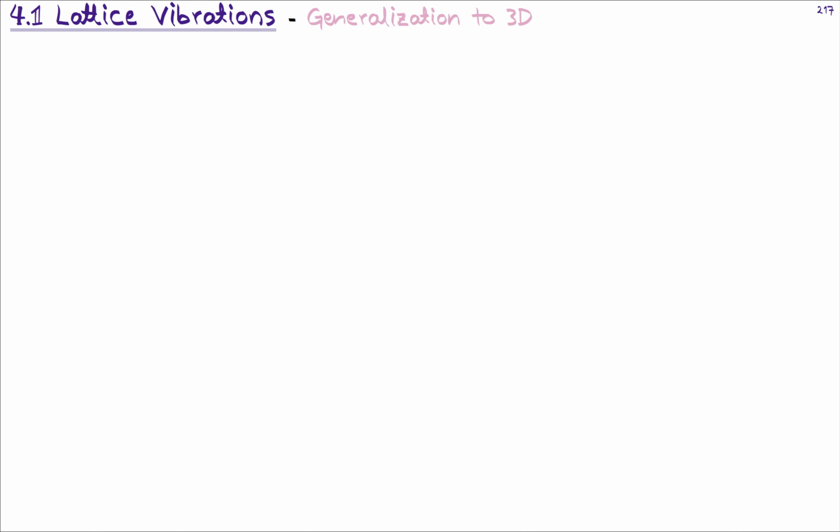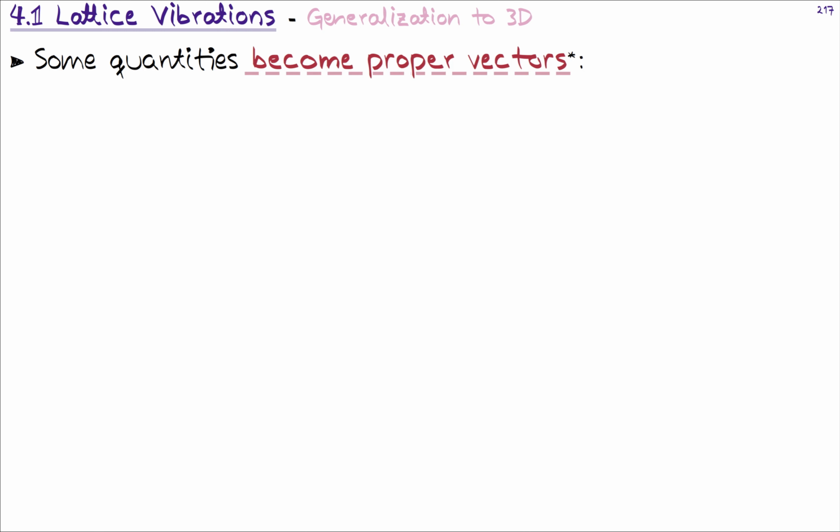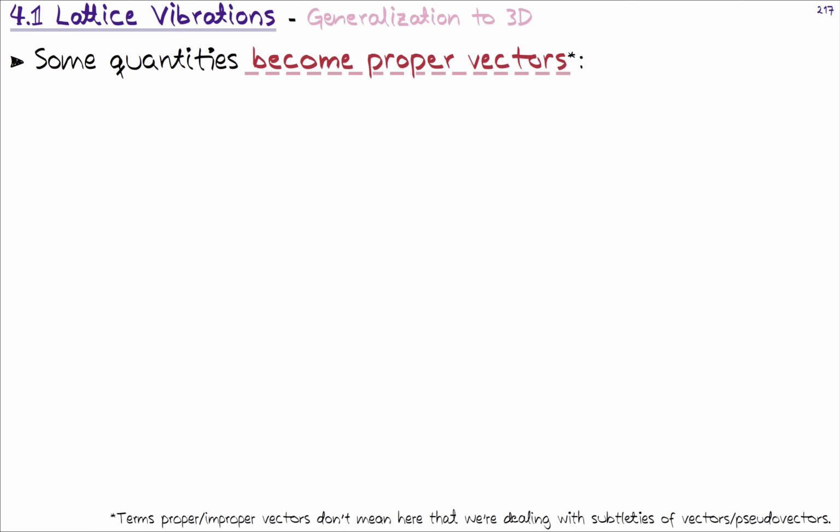Now let's outline what the variables are that become proper vectors, and my apologies for the term proper. I just mean that they become vectors and they are not scalars. So please don't mix up proper and improper vectors in our discussion here. We are not distinguishing between vectors and pseudovectors here, although I myself do distinguish their difference.